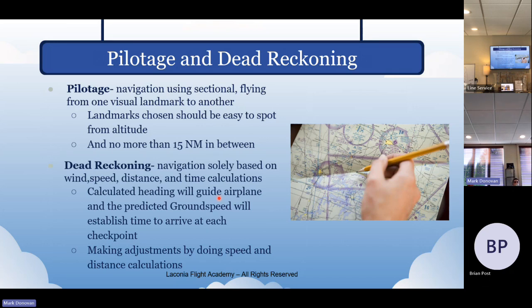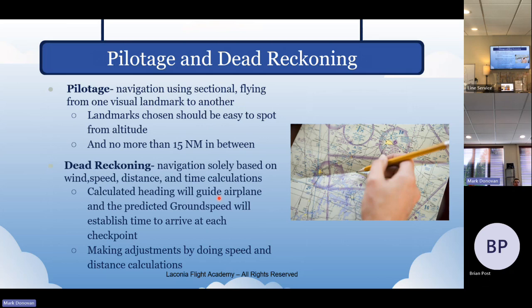If we know our distance between points and we know our velocity or ground speed, we can figure out how long it's going to take us to get somewhere. That's what dead reckoning is about. So I'm going to go from point A to point B. I'm going to be going at this ground speed, and I know the distance between those points.